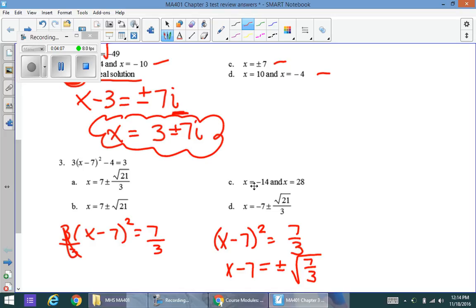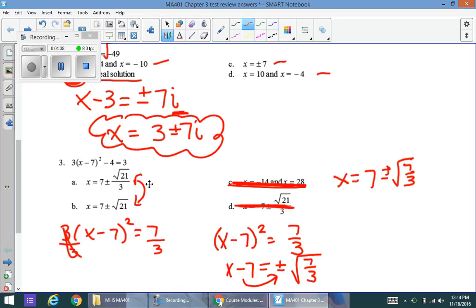Okay, so I'm looking at these answers to see if any of those answers look close, and actually I do see one I can eliminate, because we're going to add this to the other side, and so it's going to be x equals 7 plus or minus the square root of 7/3. And so I know this one's wrong. And the square root of 7/3 is disgusting, so I know that this pretty answer is wrong. So it must be one of these yucky looking answers.